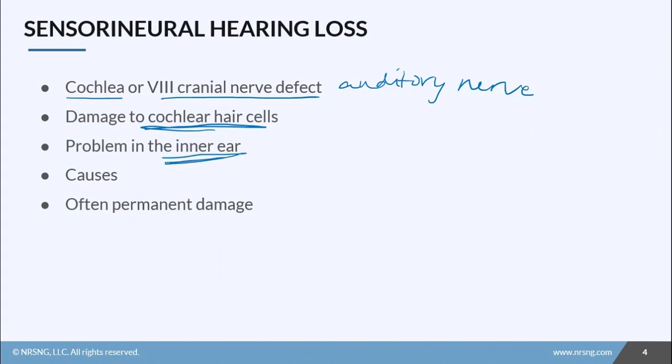Remember, conductive was external or middle ear. Some of the causes of this type of hearing loss include prolonged exposure to loud noise, which directly impacts and damages the delicate hair cells of the inner ear. Presbycusis, which is the most common type of this kind of hearing loss, is basically just the natural aging process of the auditory system.